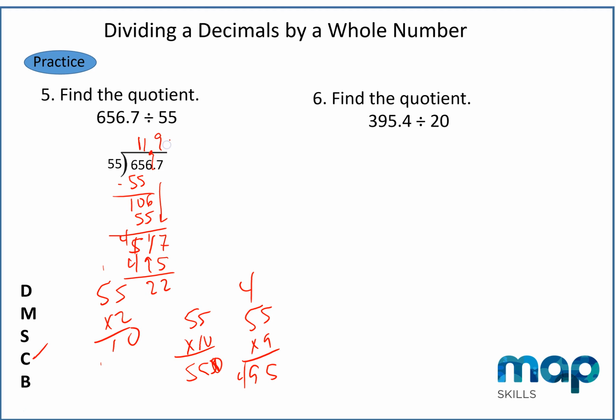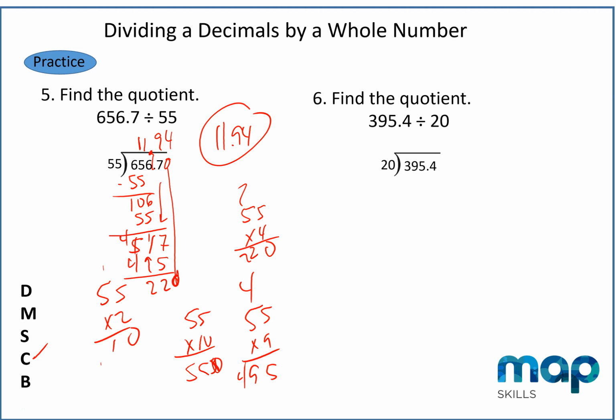So I put my 9 here. Now again, I don't have a remainder, so I'm going to add a 0 and bring that 0 down. So we're going to try 55. It ends in a 0, so I'm going to try 4. 220. So that worked. 11 and 94 hundredths.